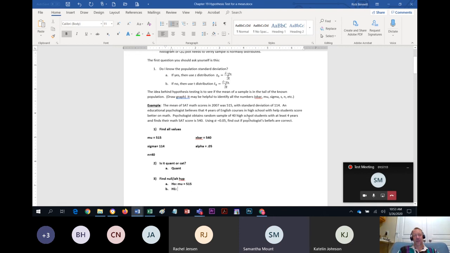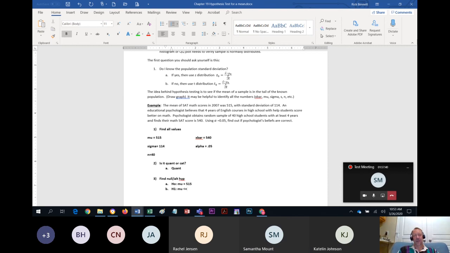So what does the psychologist think in this case? Psychologist thinks that with at least 4 years, their SAT score is going to be 540. So it would be mu is less than or equal to 540.